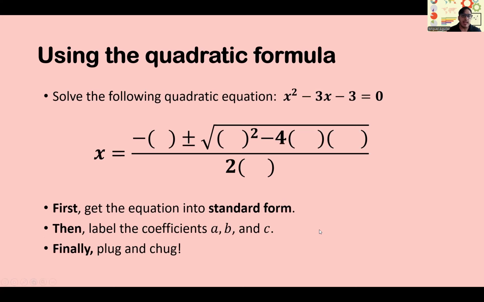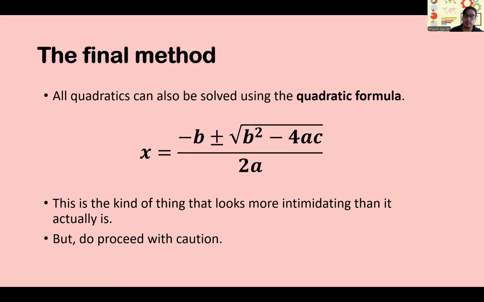As with any formula, my recommendation is that if you're given an equation that requires you to solve using the quadratic formula, or if that's what the instructions say, what you should always do is set up the formula with empty parentheses and then back up and recall which coefficients go in which empty parentheses, right?